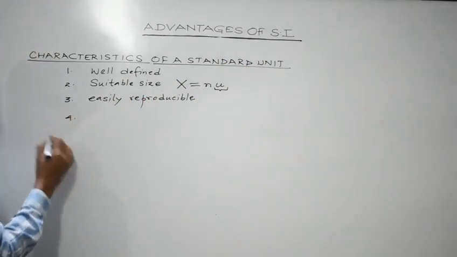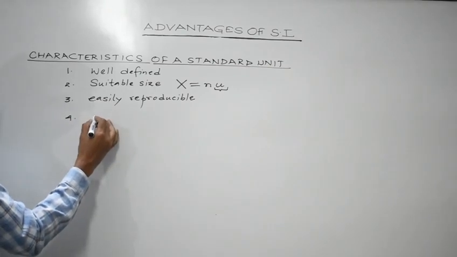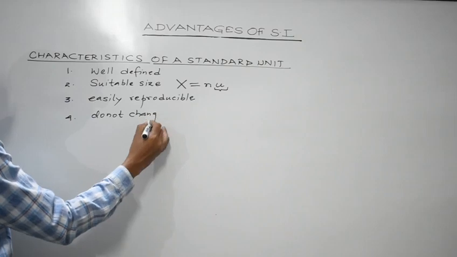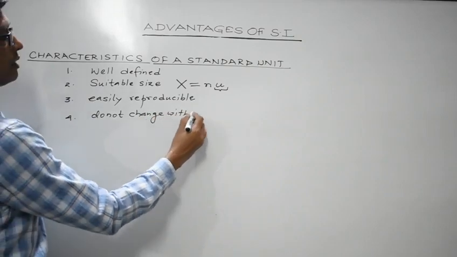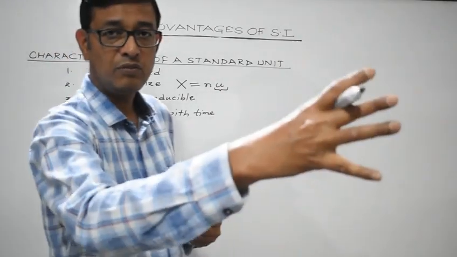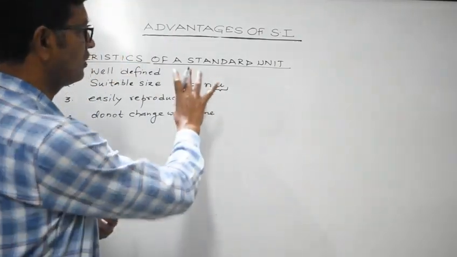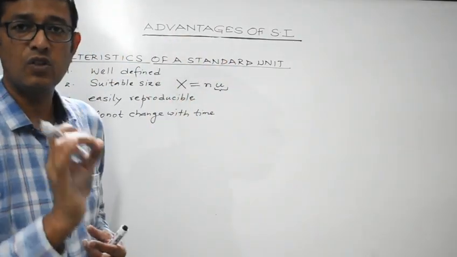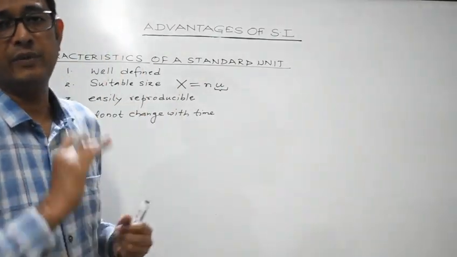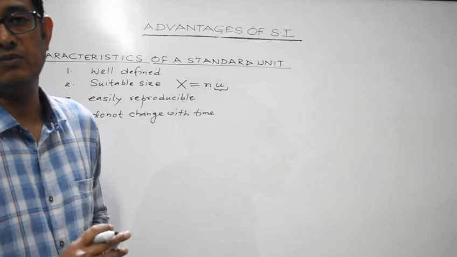Fourth, it shouldn't change with time. With the passage of time, the definition of the standard unit must be constant. It should be relevant at all times. It shouldn't change with time.